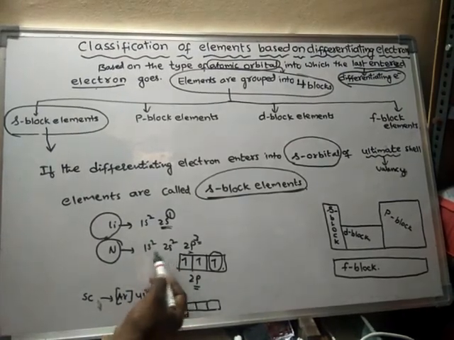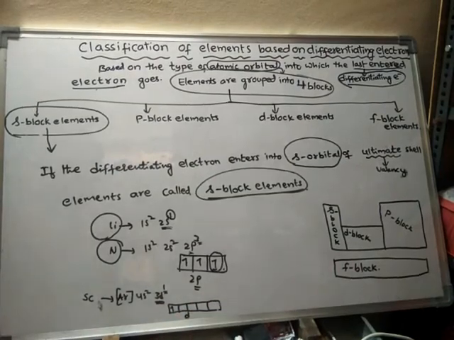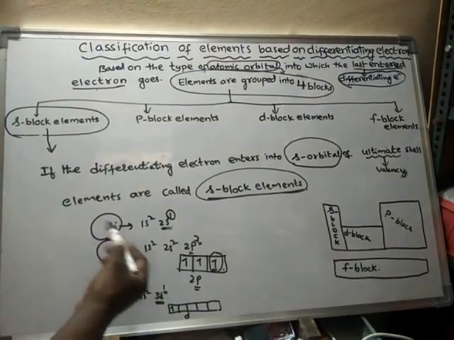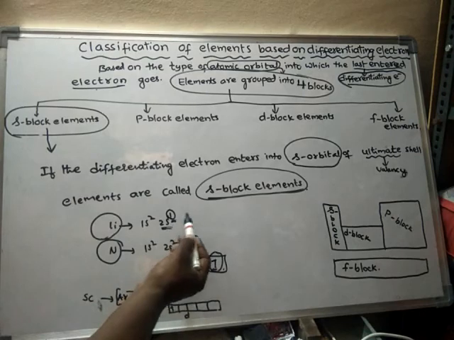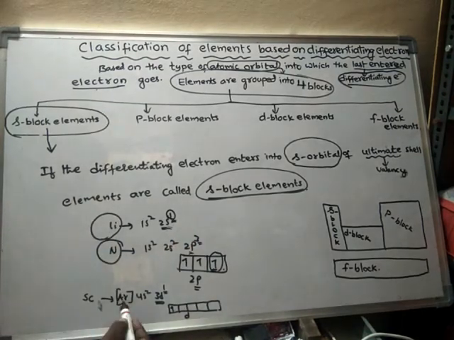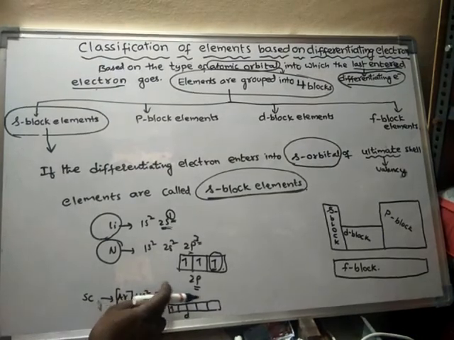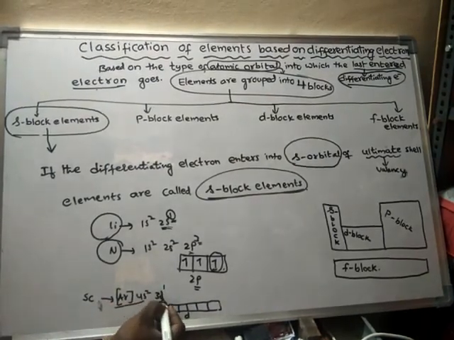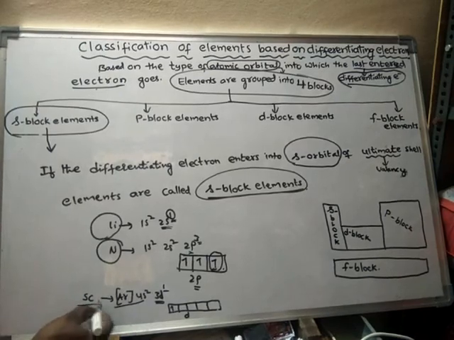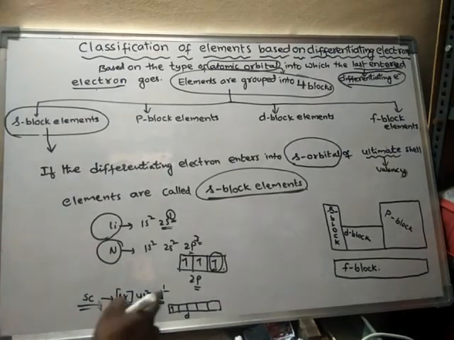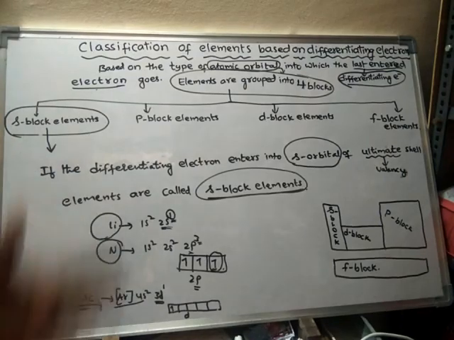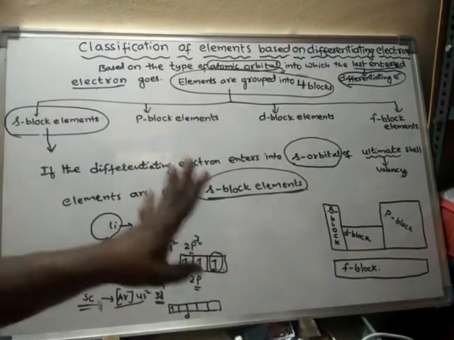Out of so many electrons, this is the last entered electron in nitrogen atom, this is the last entered electron in lithium atom, and this is the last entered electron, 3d1, in scandium atom. So based on the differentiating electron, all the elements are classified into 4 blocks.